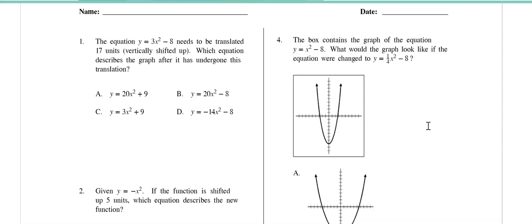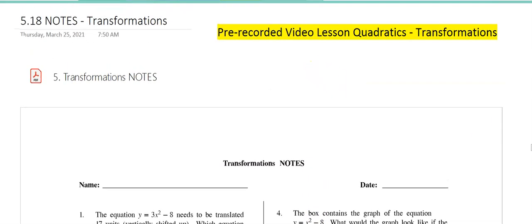Okay. The first thing I do want to remind you guys of, and I'm going to go up to the top and write down the equation. So the standard form of a quadratic equation is y equals ax squared plus bx plus c, where a, b, and c are numbers.